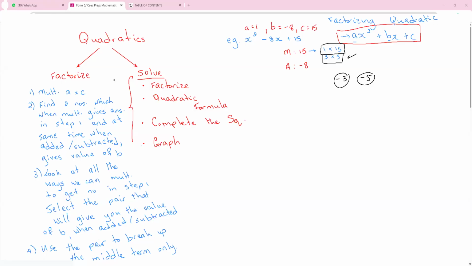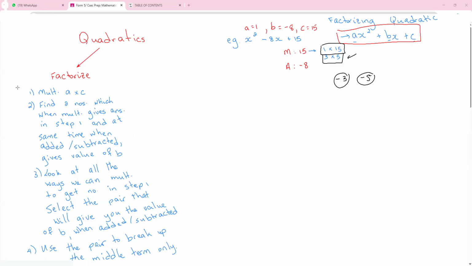All right, so here's what I'll do. I'll cover these for now as we're just looking at factorizing at the moment. So remember the quadratic we were given was x squared minus 8x plus 15. So you're going to use those numbers to break up the middle term only.